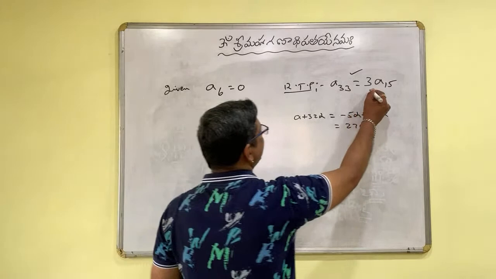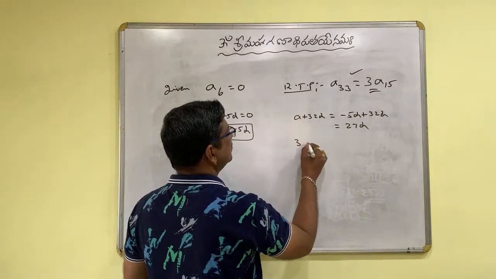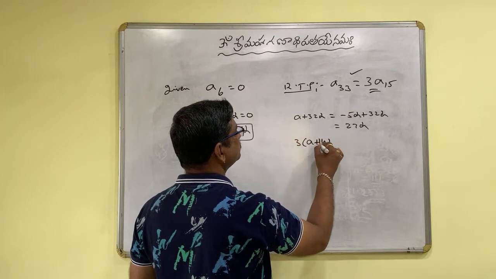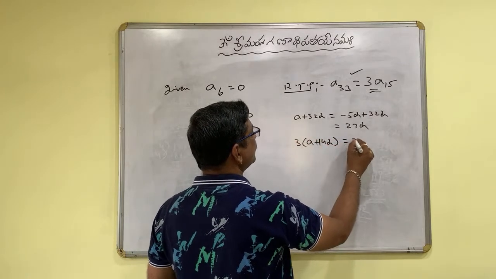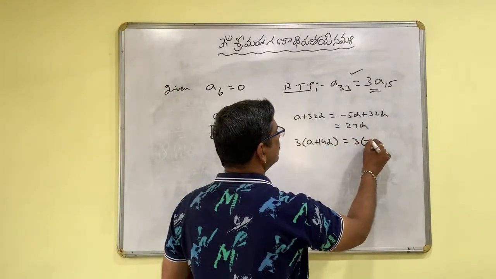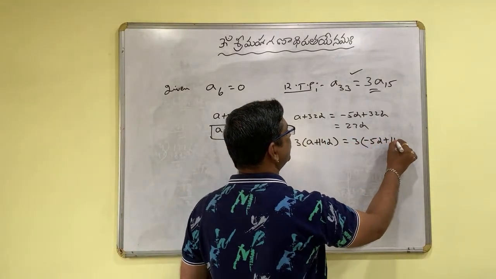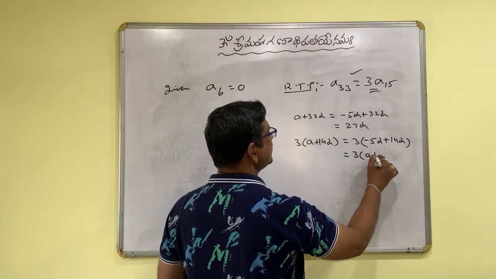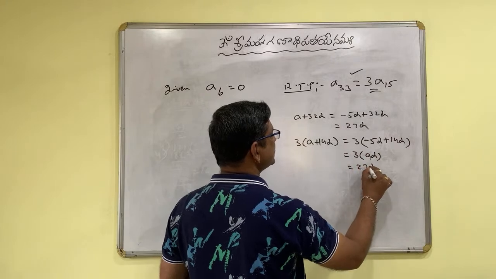Now take this part: 3 into A15, that is A plus 14D, which is 3 into negative 5D plus 14D, that is 3 into 9D, which is 27D.